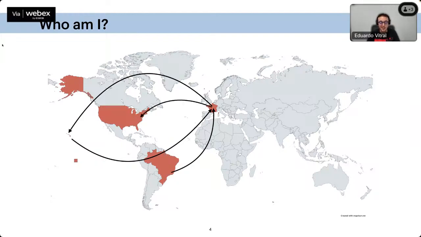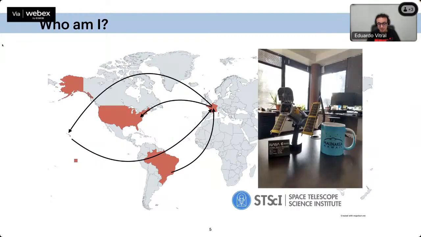Now I have arrived here in Baltimore, Maryland, at the Space Telescope Science Institute, working with amazing folks from the HST PROMO collaboration, which is a group of enthusiasts of measuring the motions of stars and how these motions tell us about the galactic neighborhood, star clusters, other galaxies, and how that connects to black holes, dark matter, etc.